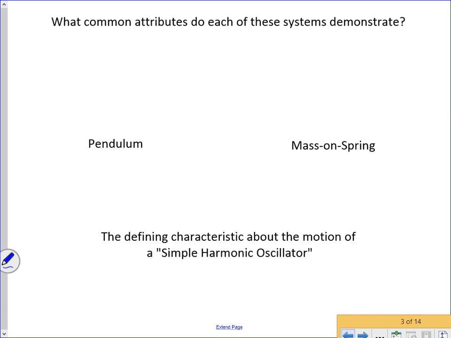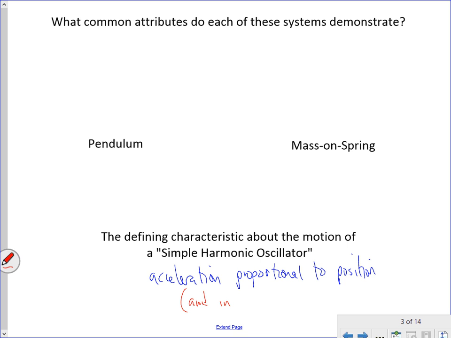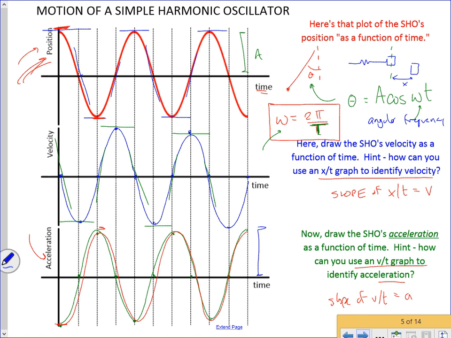The defining characteristic of a simple harmonic oscillator is that acceleration is proportional to position, and in the opposite direction. The only function that allows that to happen is a sine or cosine function.